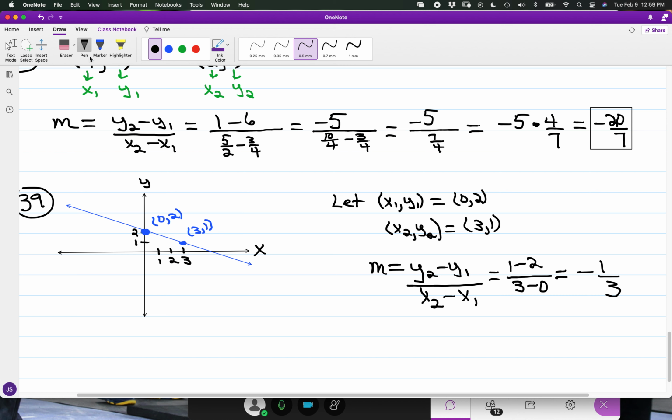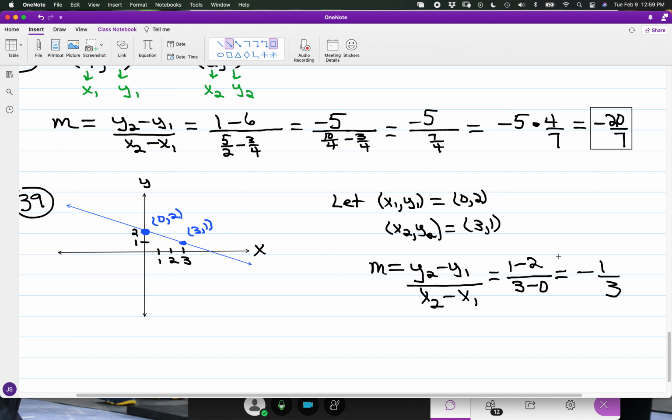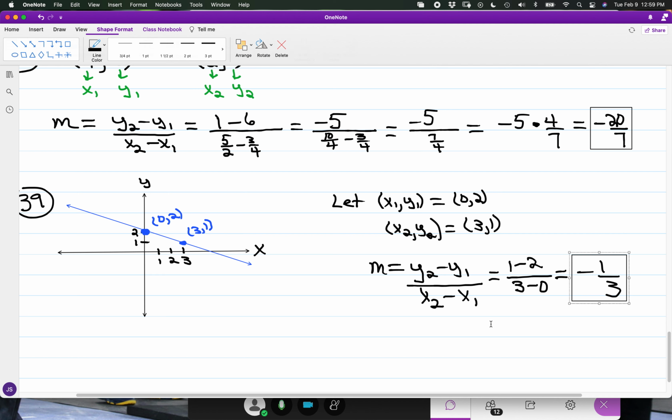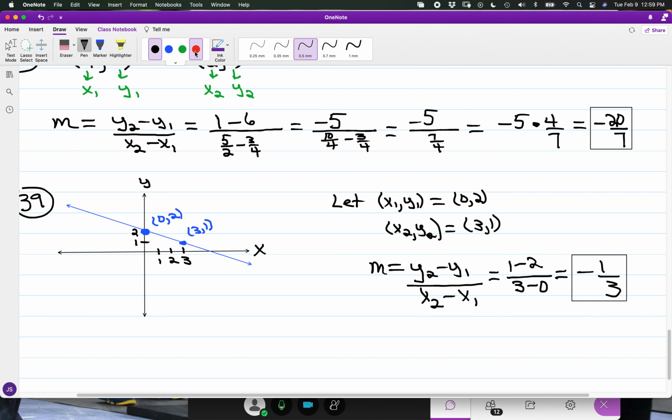Okay, and again, another way that you could look at this, if you were to read the graph, is that you could take a bit of a triangular formation. So you have just a downward trend.